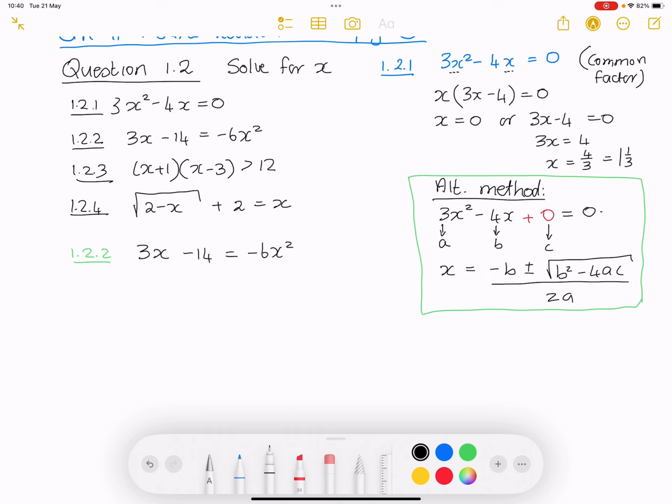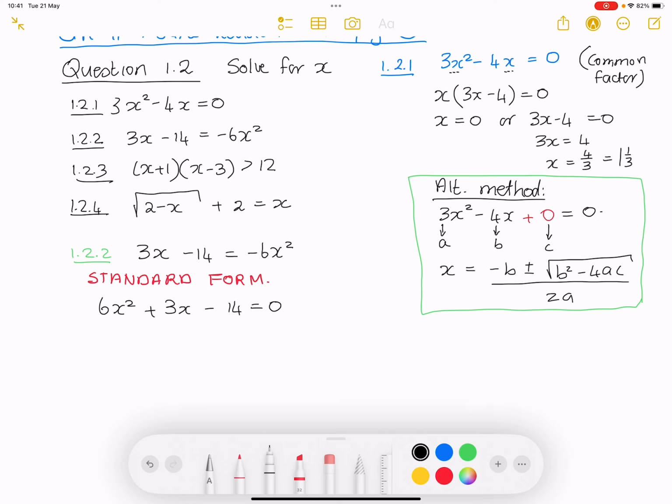First write it in standard form. You first have to write it into standard form. So that means everything must go to the left. So now you have 6x squared plus 3x minus 14 is equal to 0.